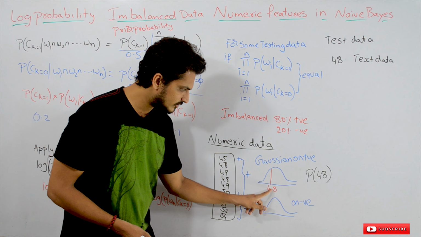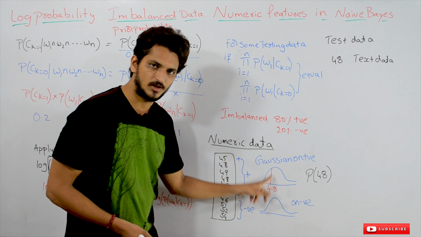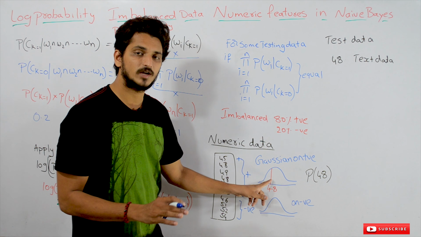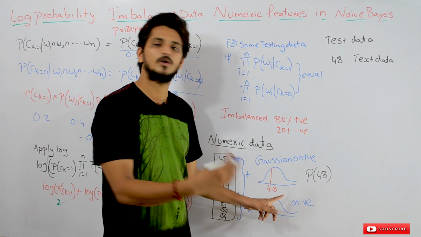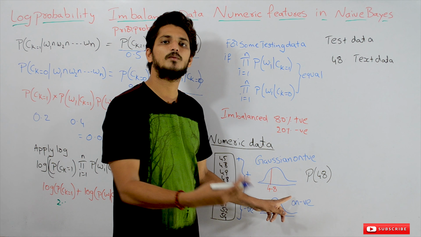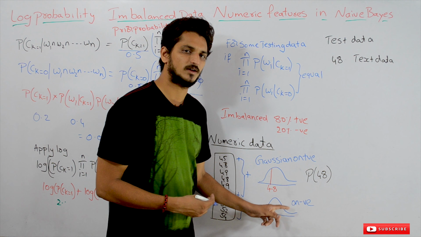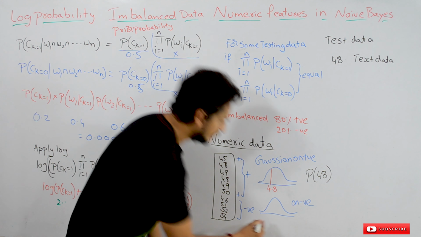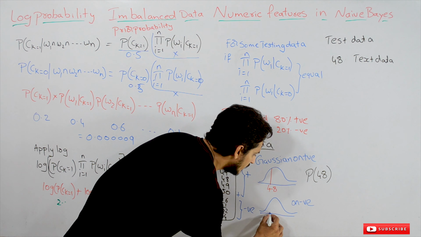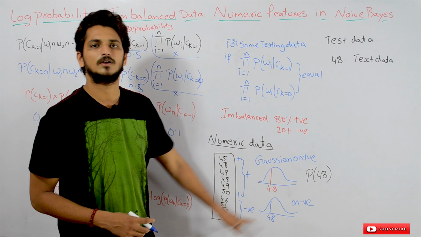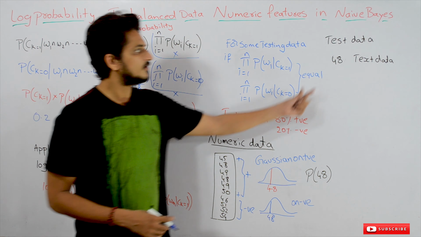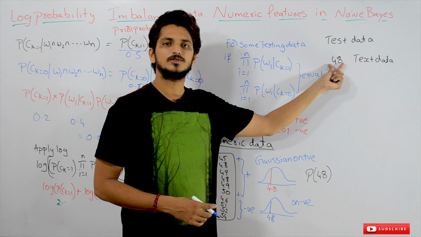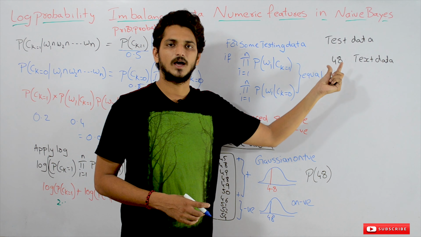If the 48 value is here, this is the probability value. If you are not good at Gaussian distributions, please go to our probability and statistics playlist and come back here. In the same way, it identifies the probability of 48 on the negative Gaussian distribution. In this way, it calculates probability values for numerical data.